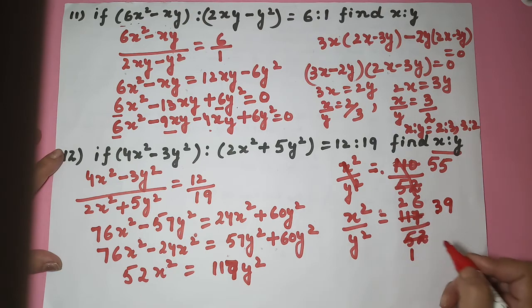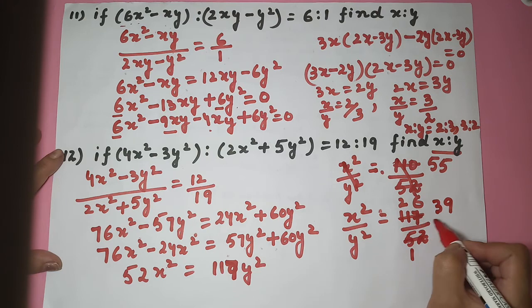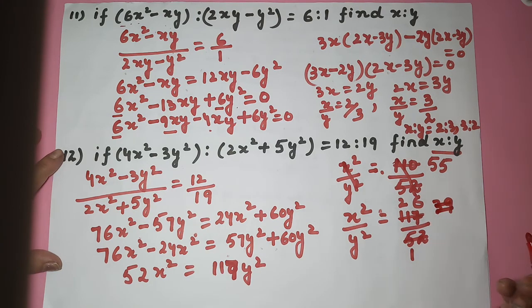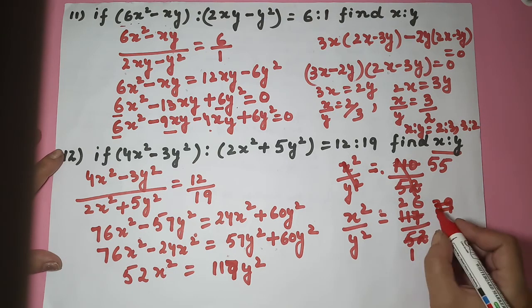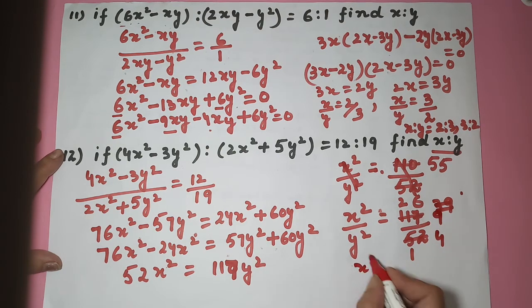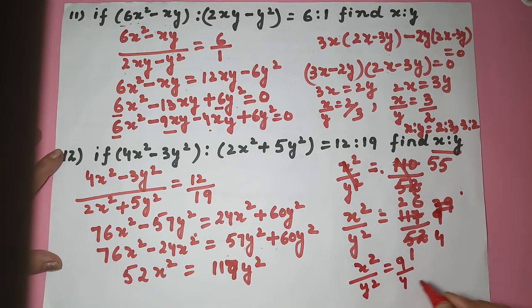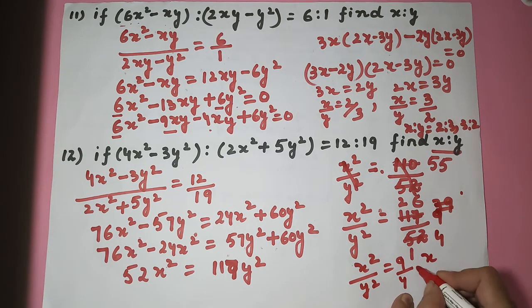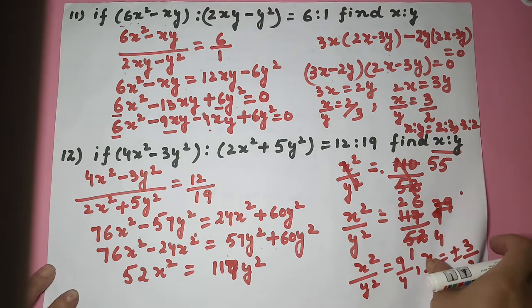Oh, it will go by 13. 4s are 52 and 13 9s are 117. So you got x square by y square as 9 by 4. So that means your value for x by y is equal to plus minus 3 by 2. Right? Okay.